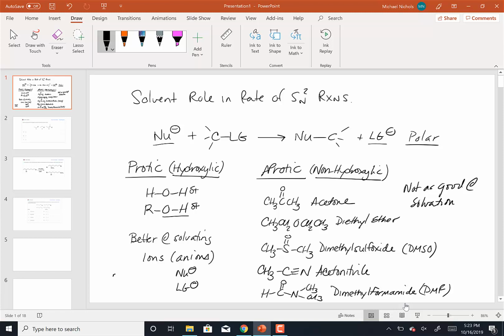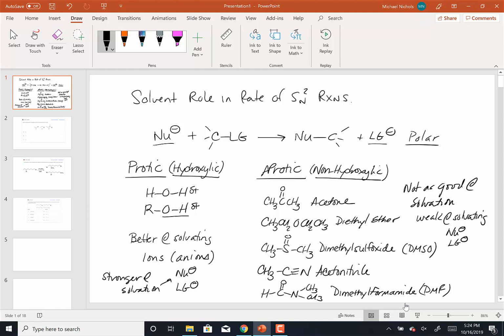These are stronger at solvating the nucleophiles and the leaving group anions, whereas these are a little bit weaker at solvating the Nu minus and the leaving group. They still will solvate, but they just don't solvate as well.